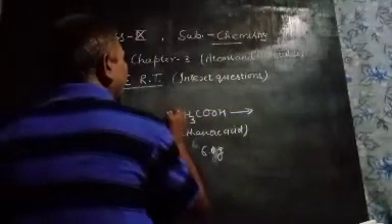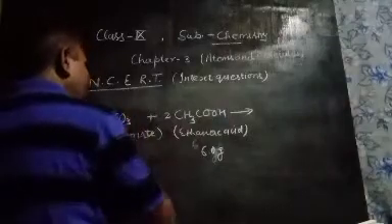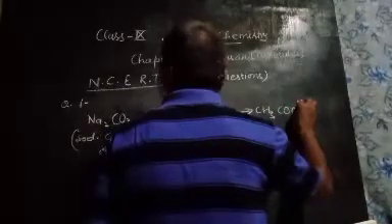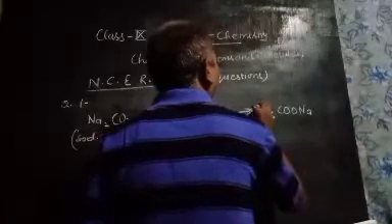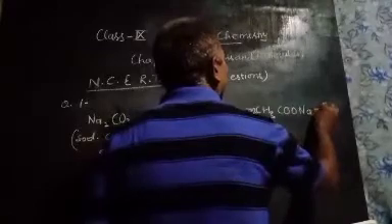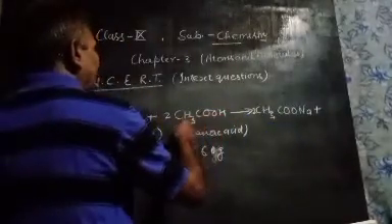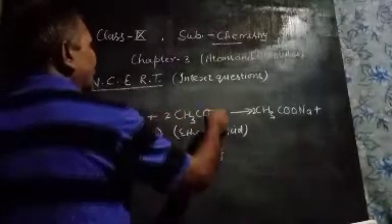For the exact balanced reaction, 2 molecules of ethanoic acid will be taken, and 2 moles of CH3COONa will be obtained, along with H2O plus CO2.